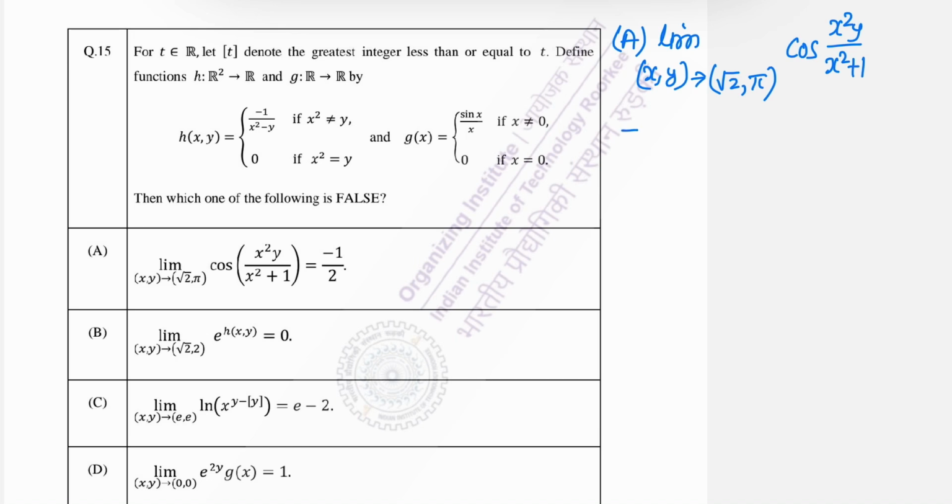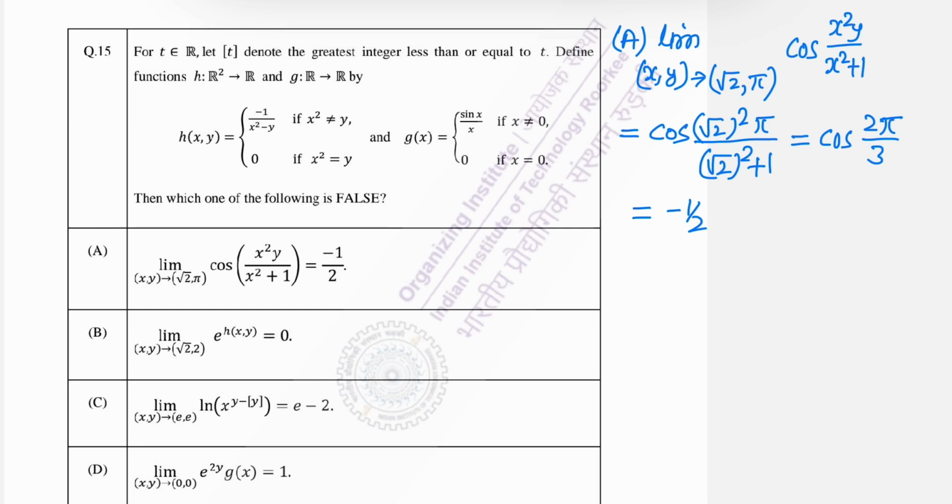So we first put the values straight and see what happens. So here will be cos, at the place of x square I put root 2 square, at the place of y I place pi, and similarly here will be root 2 square plus 1, and you know this will be equal to 2 pi by 3, and you know cos 2 pi by 3 is obviously minus 1 by 2.